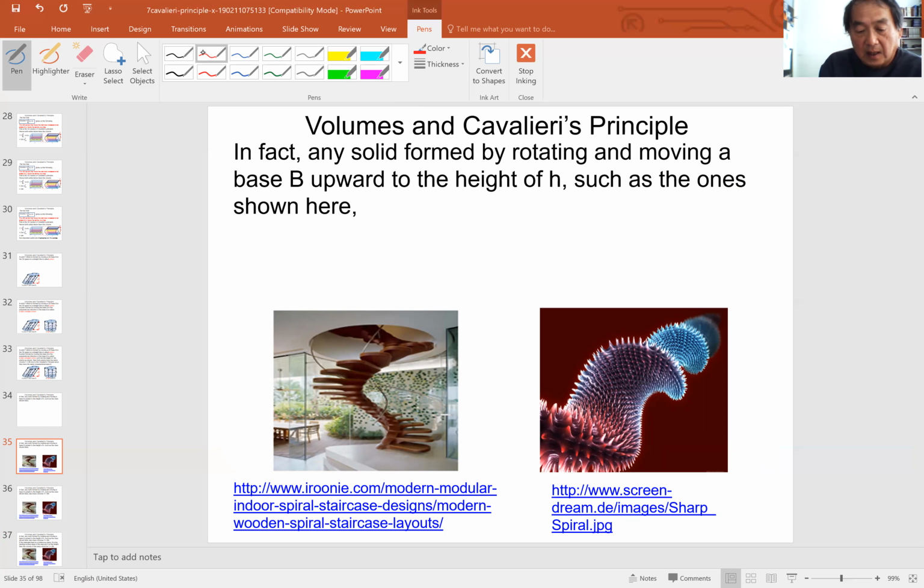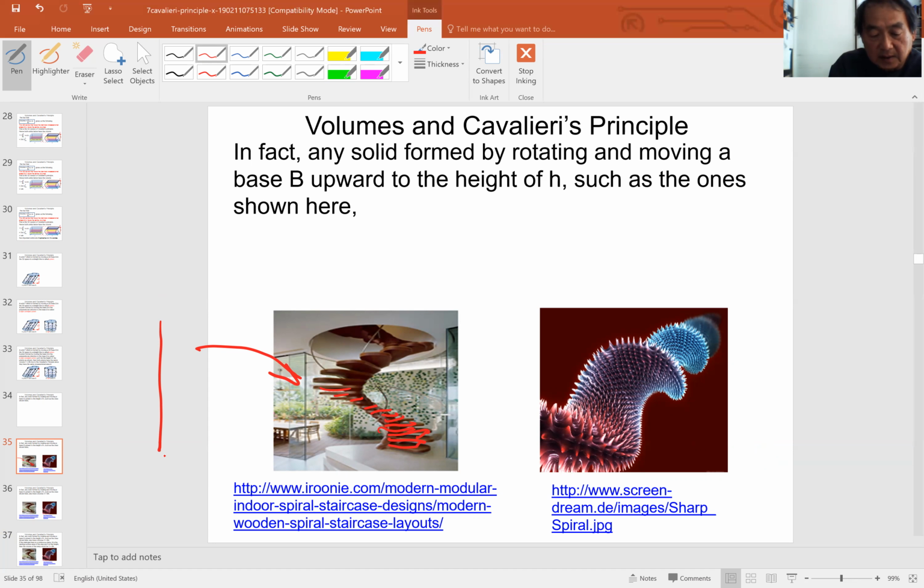In this case, for instance, the staircase over here is a bunch of the base shape, which is the steps. The way it is made is by rotating through space, with another piece of wood every few inches. But suppose I fill in all the steps, and after I fill them in, they can rotate.